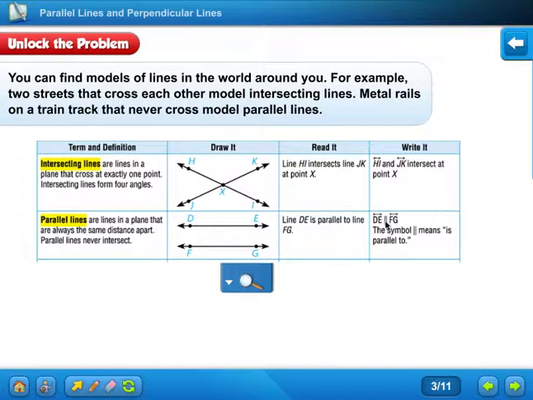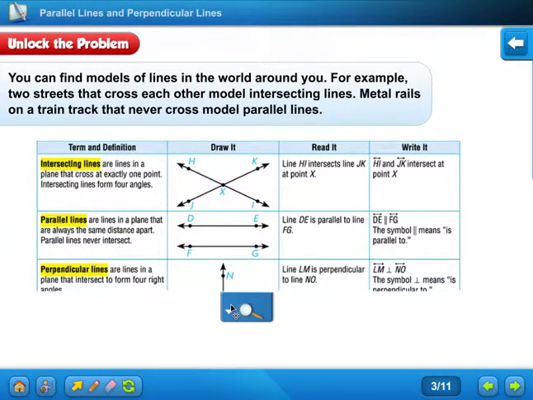Line DE is parallel. That's what those two lines mean, right? To line, again, we put the line on top, FG. The symbol with the two lines right here means is parallel to. So parallel, never cross. Intersecting, crosses.